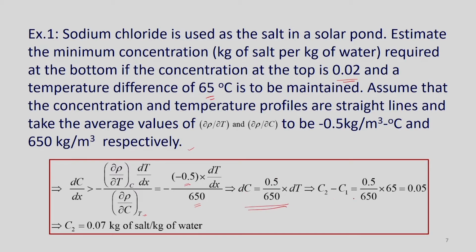C2 minus C1 is the concentration at the bottom minus the top, and then we get this expression, and finally we get C2 as 0.02 kg of salt per kg of water. So, this is how we can calculate the concentration gradient required for this kind of analysis.